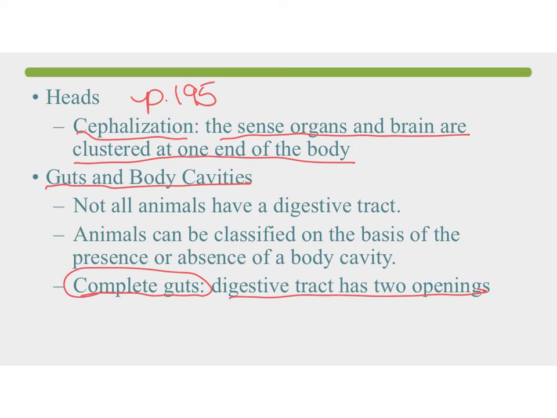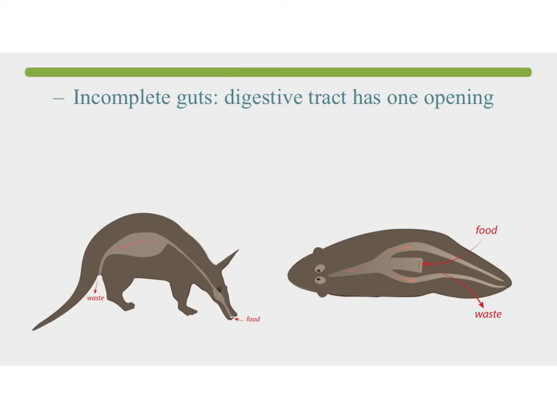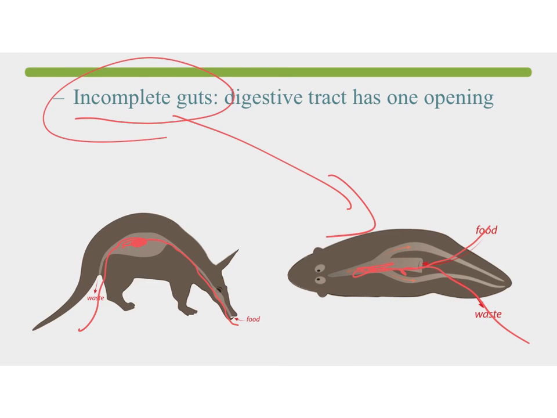With an aardvark and a planarian, the food goes in here, it digests in this little gut area, and it comes out there. Food comes in here, it does its thing, and it comes back out the same place in a planarian. That is called an incomplete gut because it has one opening.